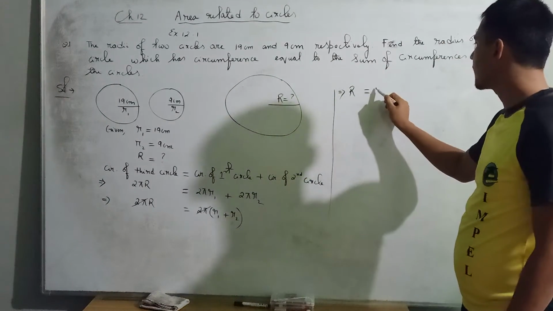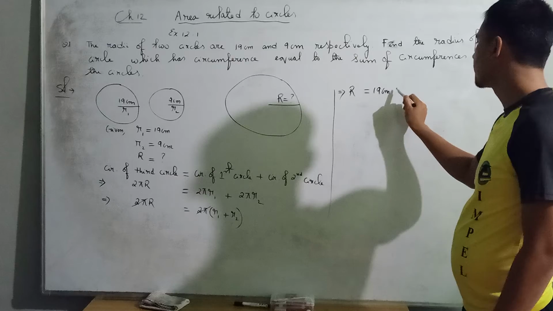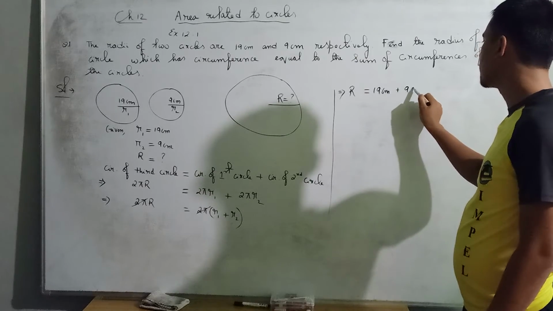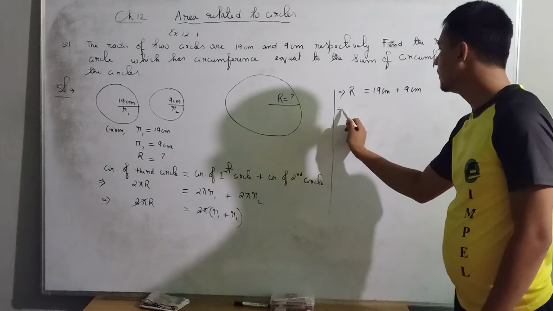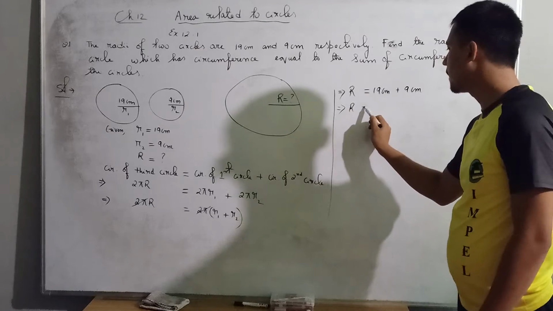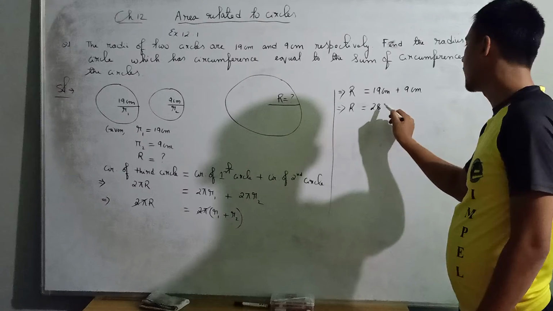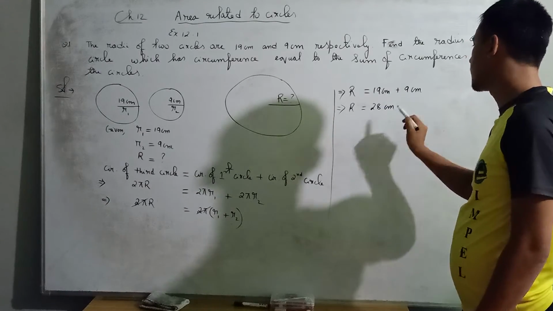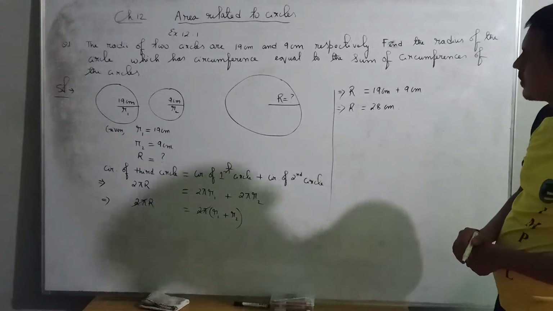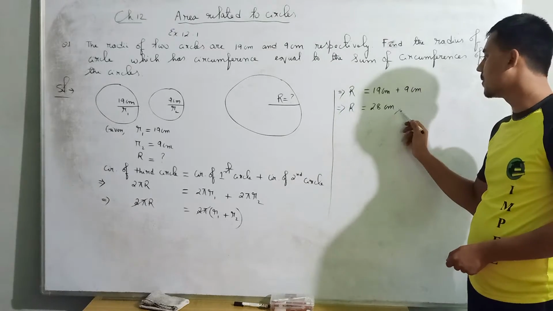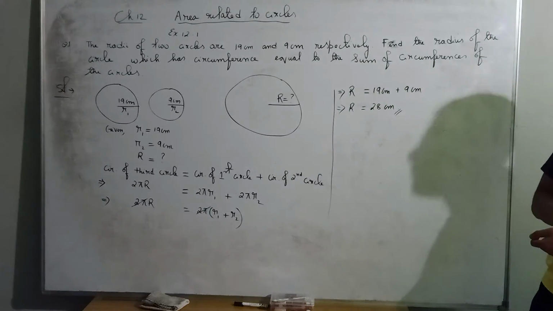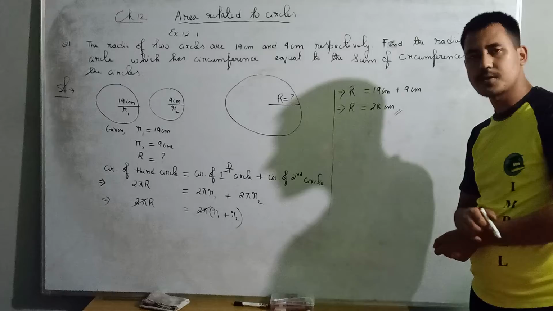Small r1 is 19 centimeter, small r2 is 9 centimeter. So 19 centimeter plus 9 centimeter gives you 28 centimeter. So that gives you the radius of the third circle, which completes question number 1.